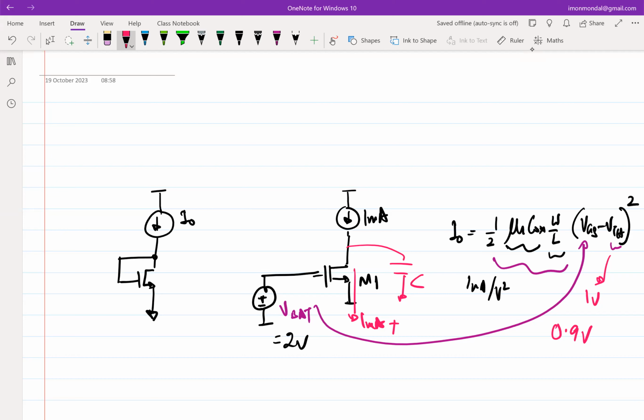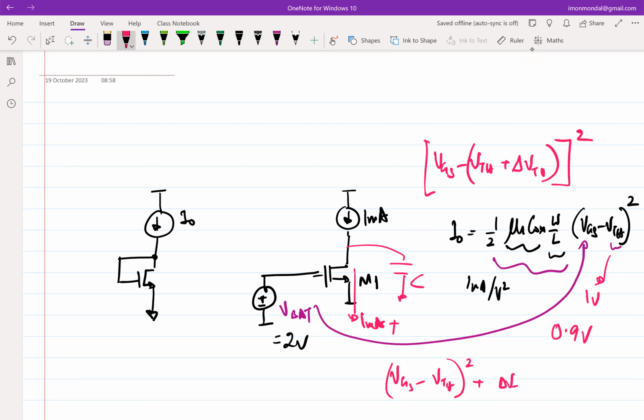I'm not concerned about the total increase. I'm just trying to lead you to something here. So if I say this is VGS minus VTH plus delta VTH, whole square, this guy can be expanded as VGS minus VTH whole squared plus delta VTH whole square plus twice VGS minus VTH times delta VTH.